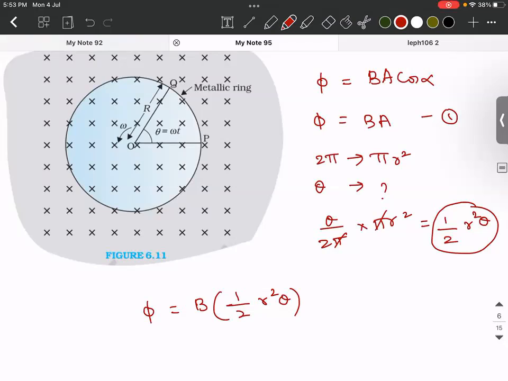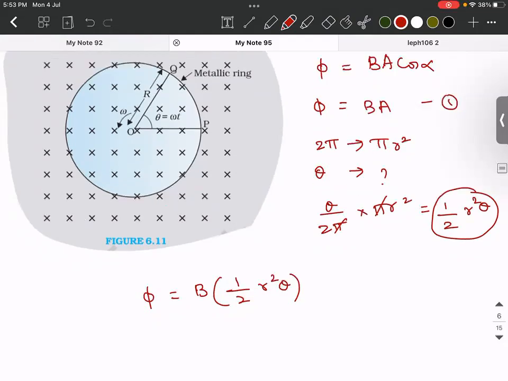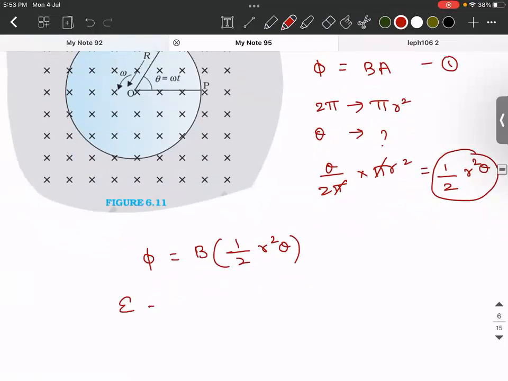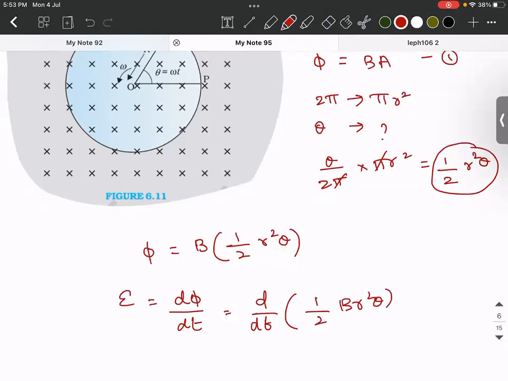Is it clear? Now what is our job? To find the magnitude of EMF. So how do I find the EMF? d phi divided by dt. So d by dt of half into B r square theta.